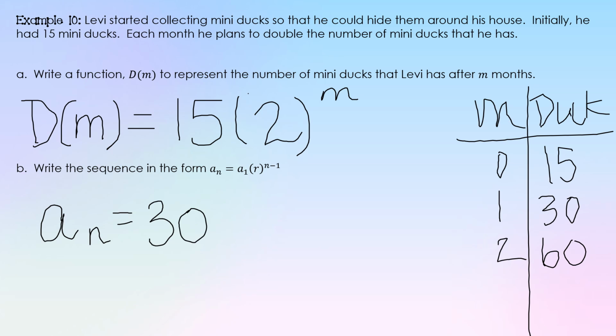That's how many ducks after 1 month. Our common ratio is the same thing as our base, and then it will be to the n minus 1. So when you start with the first term, in your exponent it has to be n minus 1. If you're starting with your initial value, then you're just going to be your variable x or m or whatever it is.